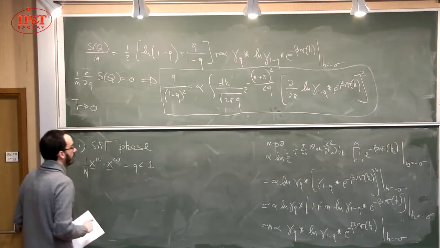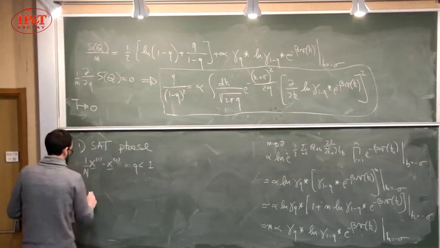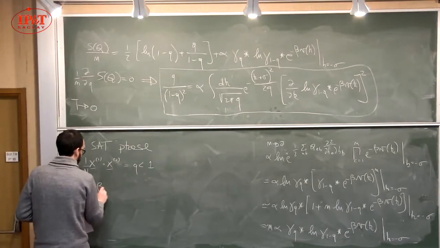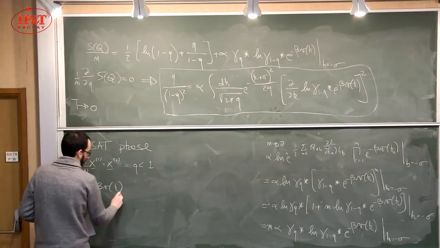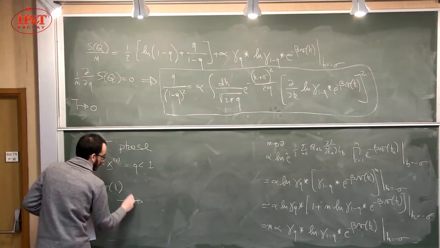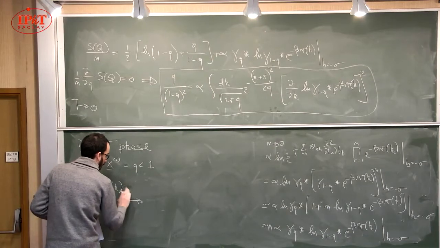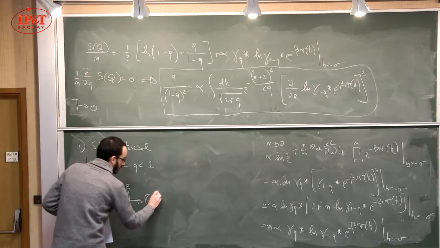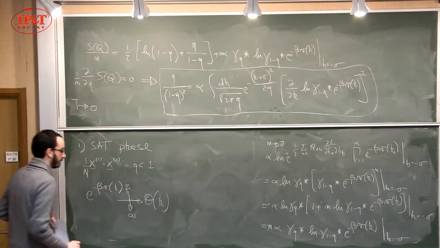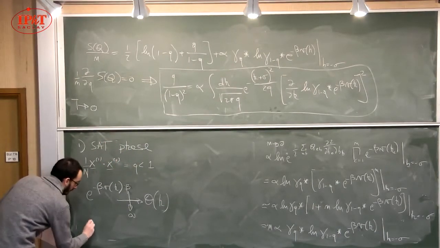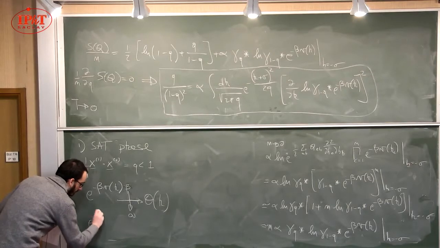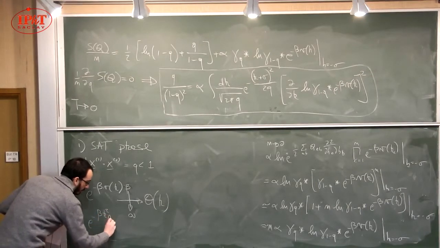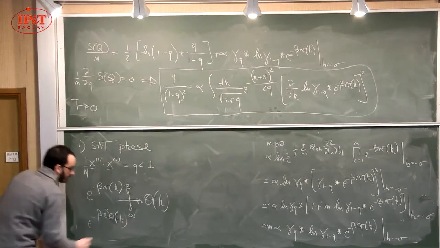Moreover, e to the minus beta v of h in the 0 temperature limit just gives you the theta of h, because this is e to the minus beta h squared, sorry, theta of minus h.